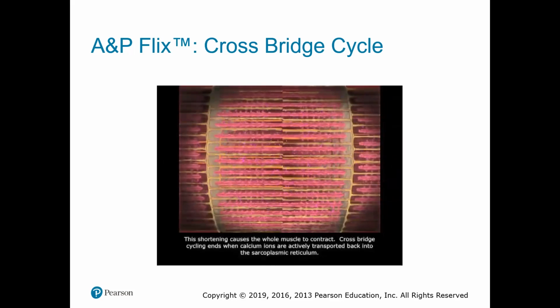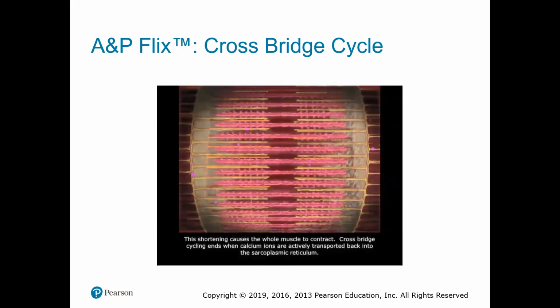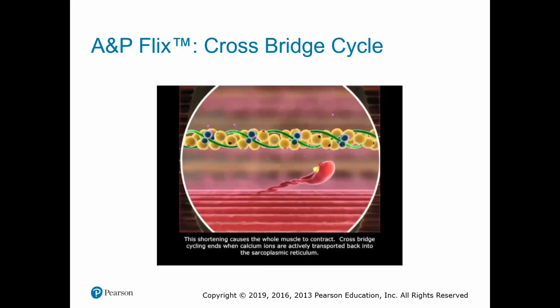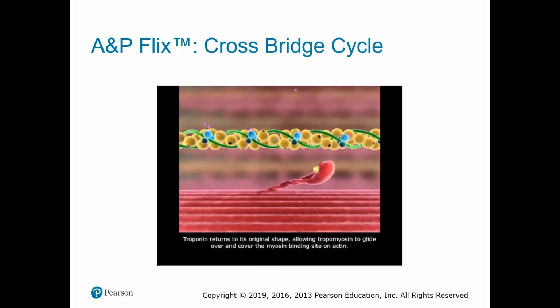Crossbridge cycling ends when calcium ions are actively transported back into the sarcoplasmic reticulum. Troponin returns to its original shape, allowing tropomyosin to glide over and cover the myosin binding site on actin.